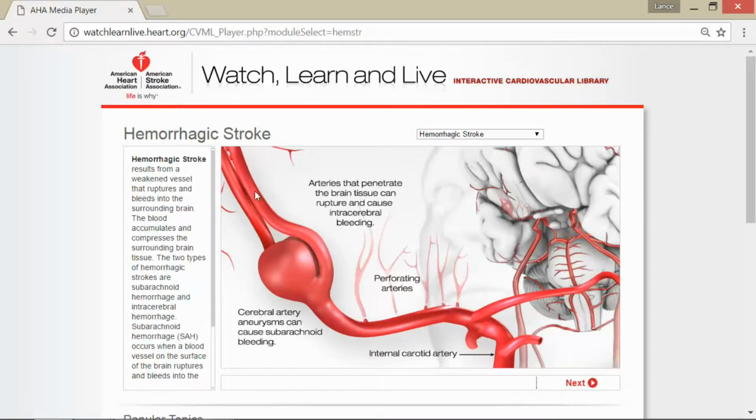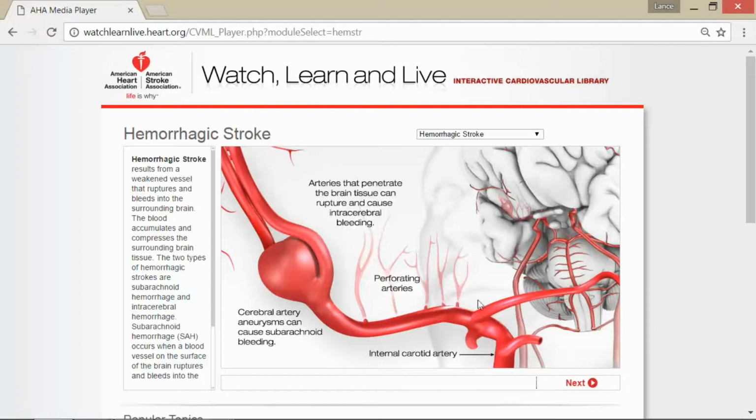So one is more surrounding areas on the outside and one is inside the brain. So arteries that penetrate the brain tissue can rupture and cause intracerebral bleeding, and then cerebral artery aneurysms can cause some subarachnoid bleeding. And you see how the perforating arteries are here and then the internal carotid artery right there.